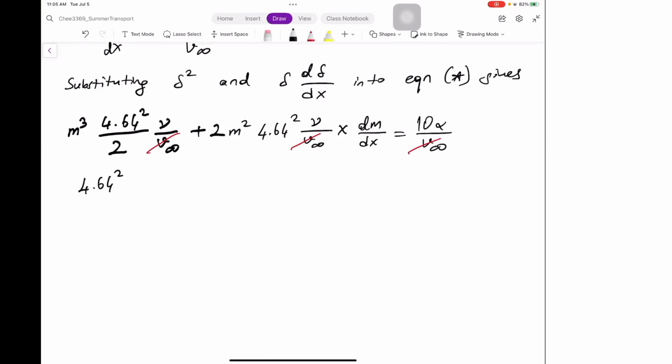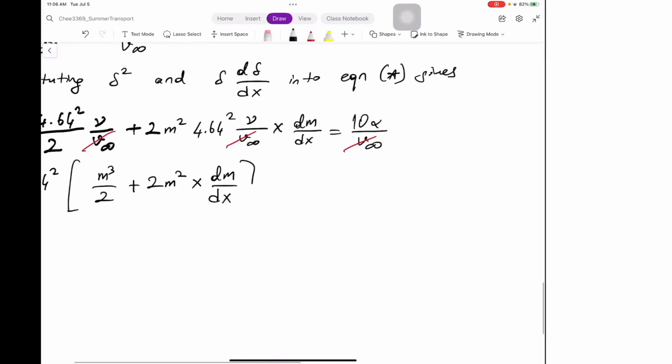So 4.64 squared, okay, m cubed over 2 plus 2 times m squared x dm over x, so dm over dx, correct?